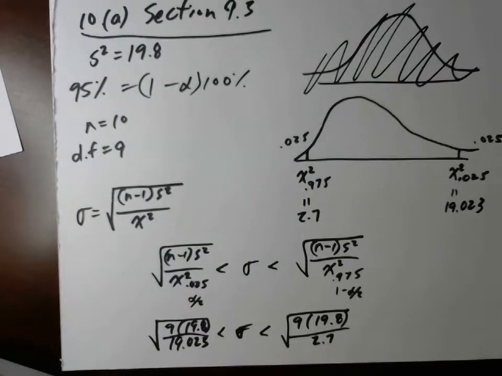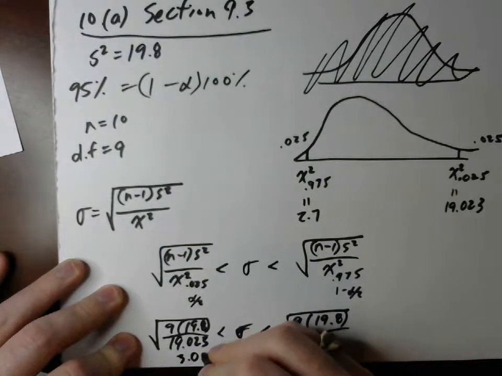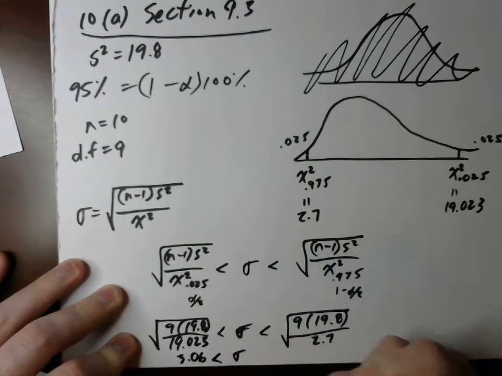Now we just need to plug and chug and see what we get. So we have the square root of 9 times 19.8 divided by 19.023, and 3.06 is less than sigma.